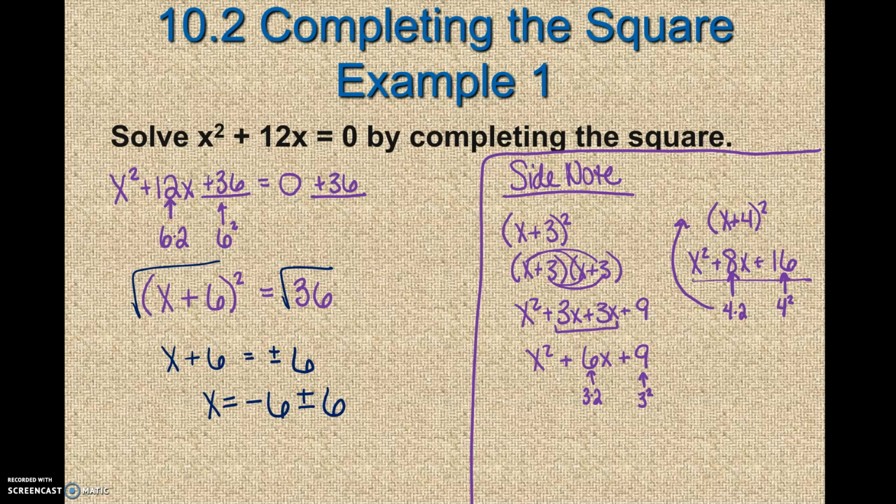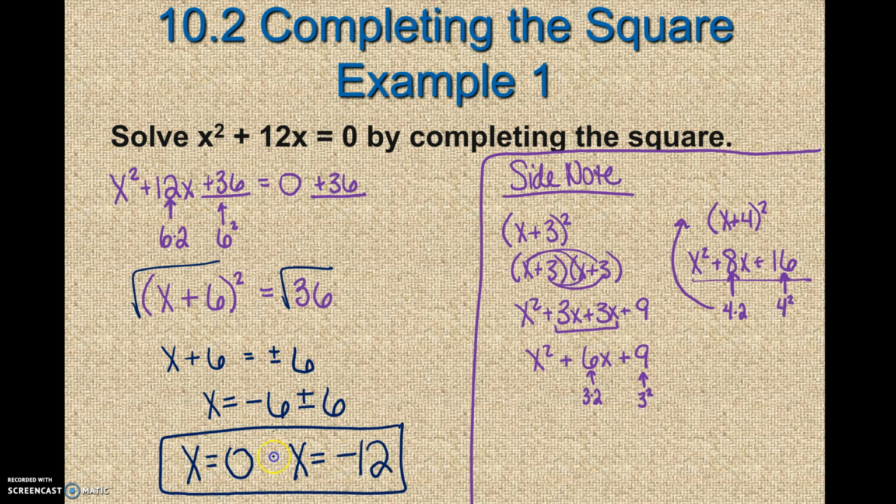Negative 6 plus 6 would be 0. Negative 6 minus 6 would be negative 12. You have to do that problem with both positive 6 and negative 6. Some people might find it helpful to do x plus 6 equals positive 6, x plus 6 equals negative 6.